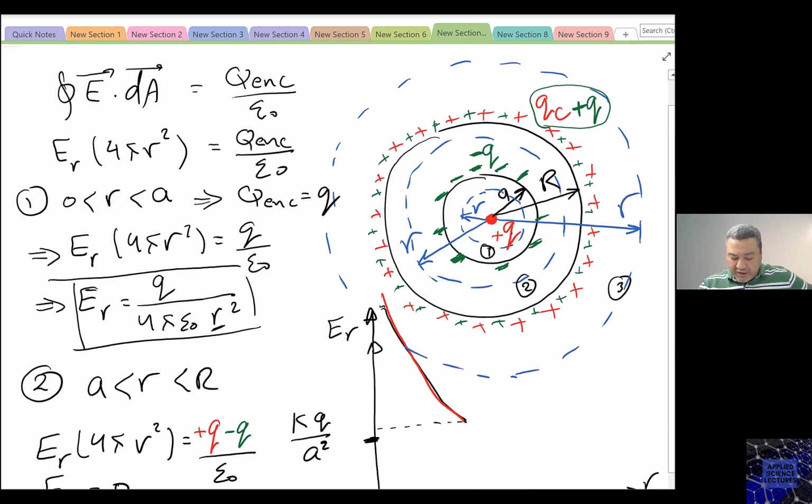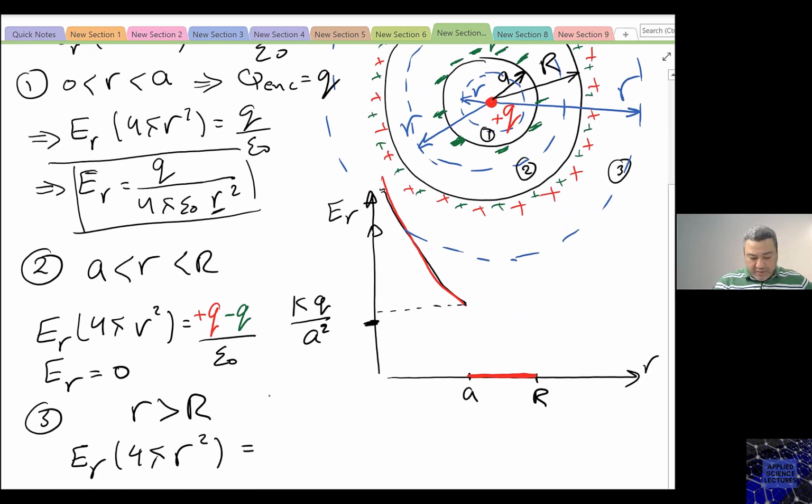What do we have? I am completely enclosing the whole spherical conductor. So what do I have? I have the point charge, which is in red, plus Q. I have the negative charge, minus Q, which is at the surface of the cavity. And then I have the charges at the outer surface of the spherical conductor, which are plus Qc plus Q. So I kept the color the same.